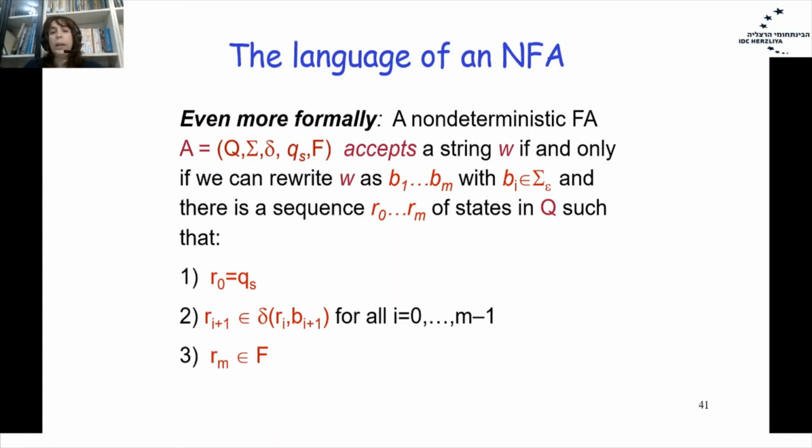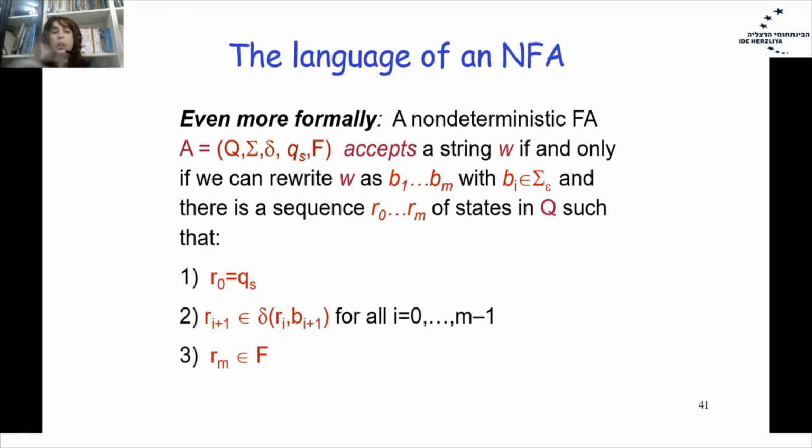Language of an NFA, an even more formal definition. When we have some non-deterministic finite automaton A, we say that A accepts W if we can rewrite W as a sequence of letters B1, B2 till Bm, with each Bi belonging to sigma epsilon. And now we have a sequence of states R0, R1 till Rm, such that R0 is the starting state, R0 equals QS.